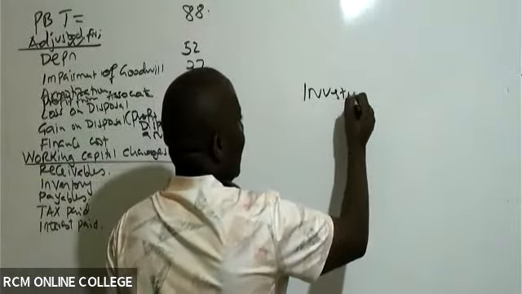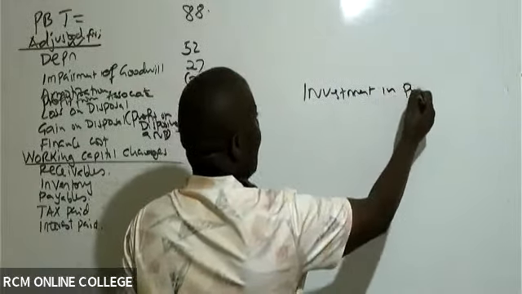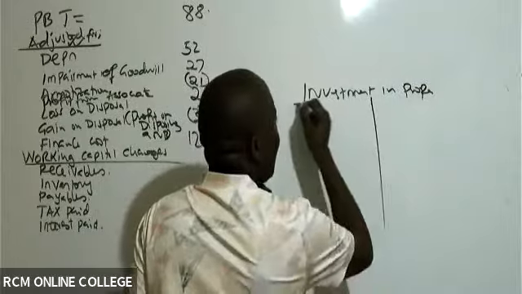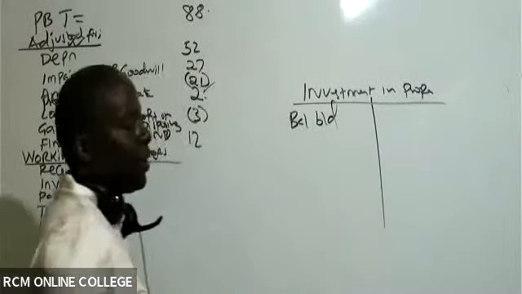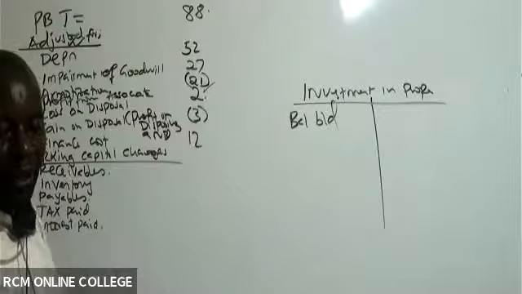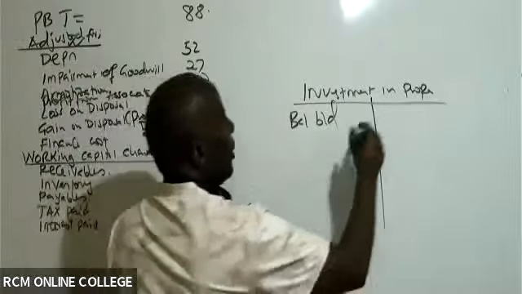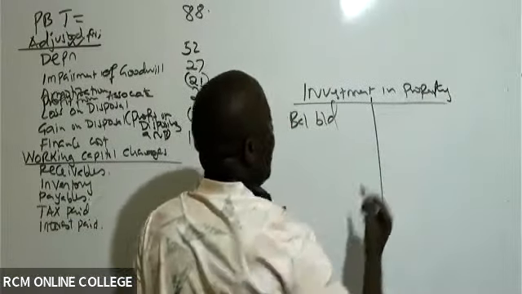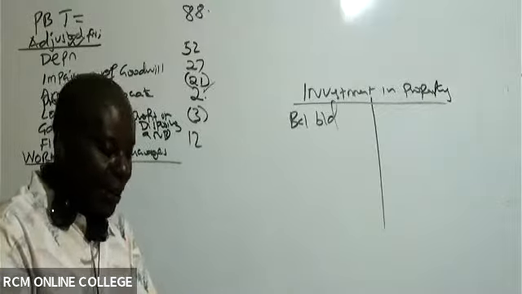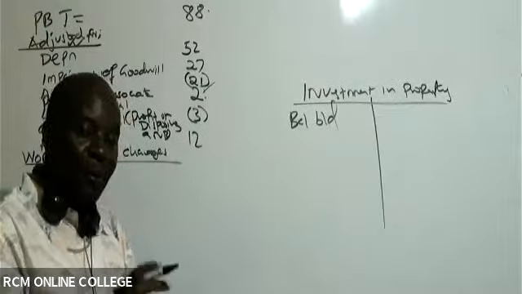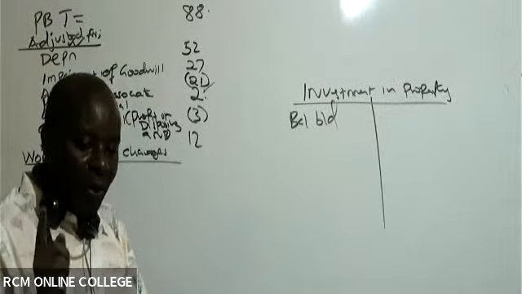So investment in property, this is an asset. Balance brought down is how much? Brought down is 2021.